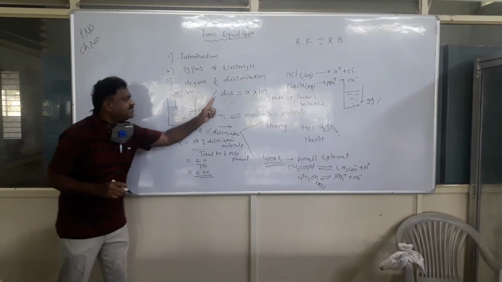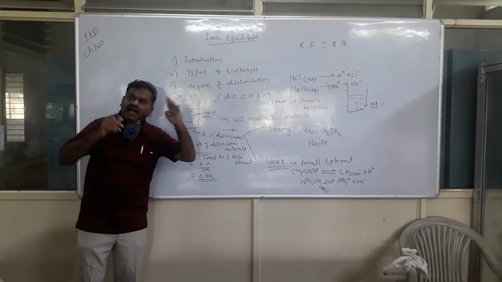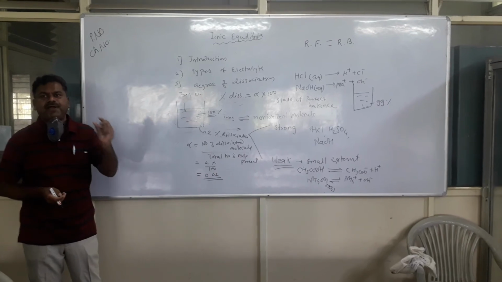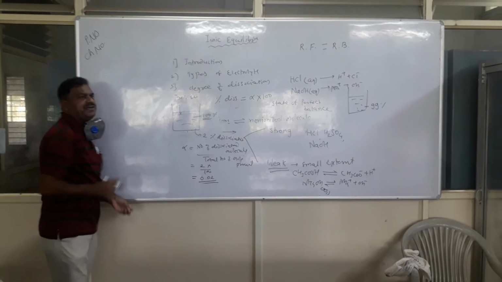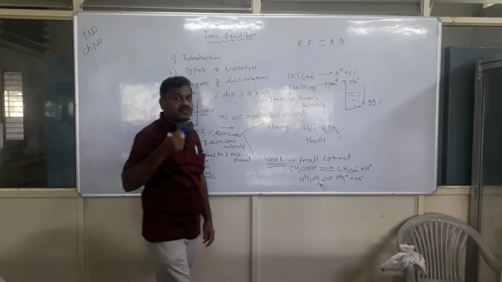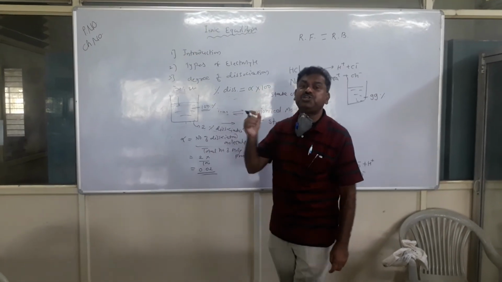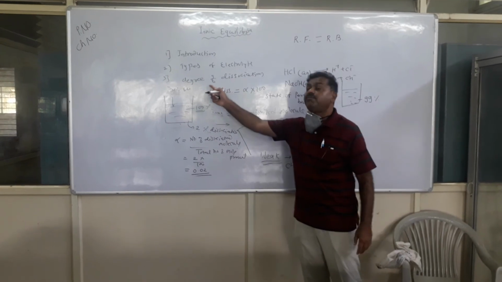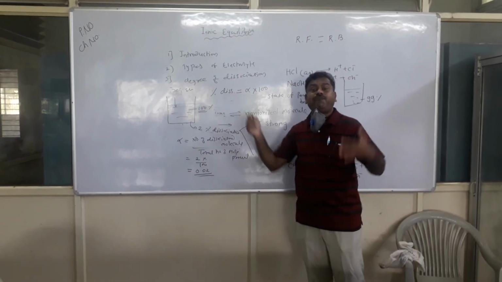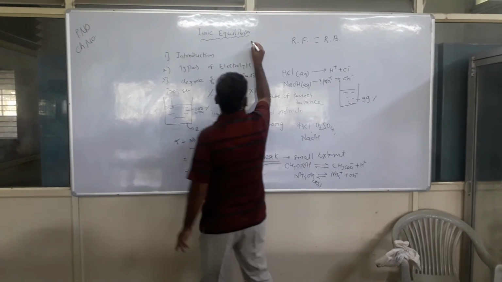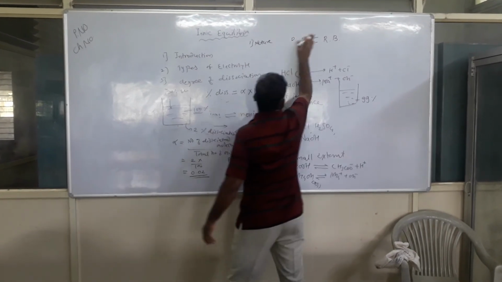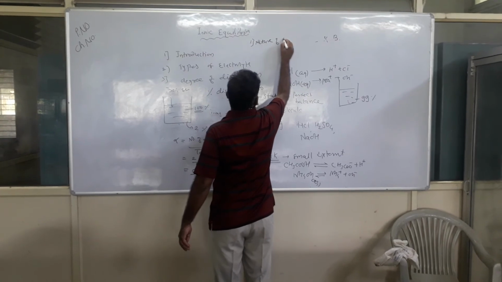And the fourth point is the factors affecting the degree of dissociation. What factors affect the degree of dissociation? The first factor is the nature of solute.